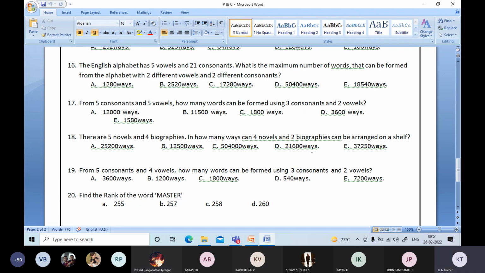Cool. Very simple. So you have to select 2 vowels from 5 vowels and 2 consonants from 21. That can be done by 5C2 into 21C2. And these 4 letters, how many words can be formed? Into 4 factorial.